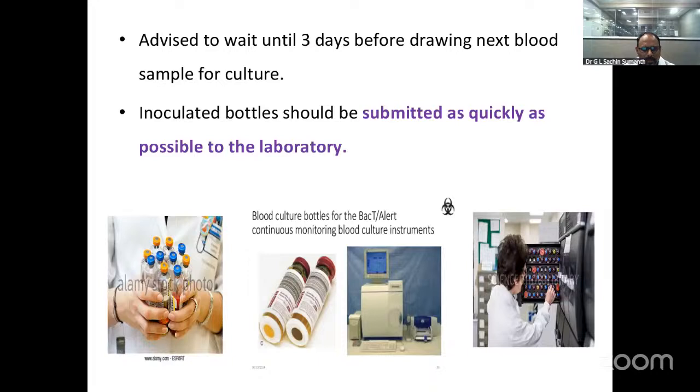These are the automated culture bottles that you see, and we are advised to wait for 3 days before drawing the next blood culture sample, because most automated systems can detect the bacterial pathogen, if any organisms are present inside the blood, within 3 days. So until 3 days there is no need to draw the blood culture sample again. Inoculated bottles should be submitted as quickly as possible to the laboratory.